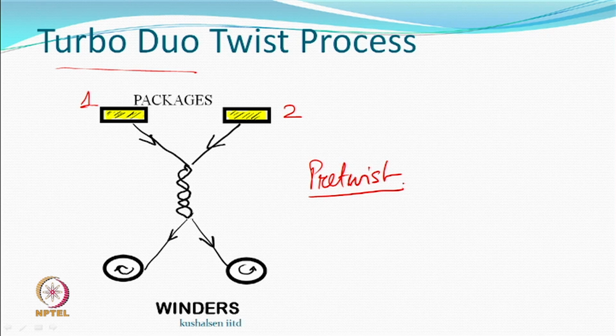You can just do this and you have a twist, and then whatever length and whatever twist per meter you wanted, you give, and after that just go away. Just remove the yarn from here and from here and then start winding.